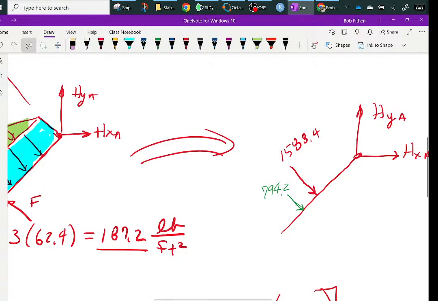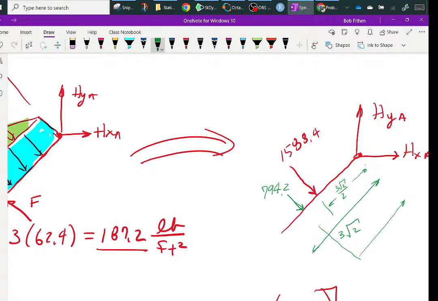And this distance here is 3 times square root of 2. This distance is 3 square root of 2 over 2. And since this is the light end over here, this distance is 3 square root of 2 times 2/3.